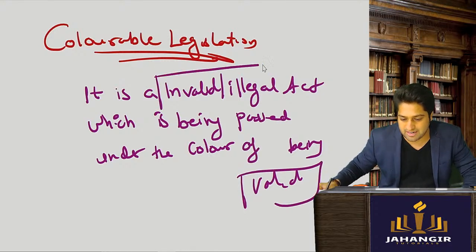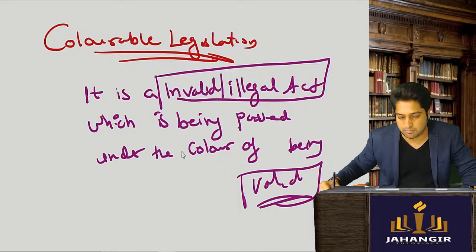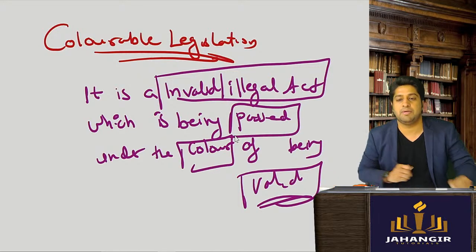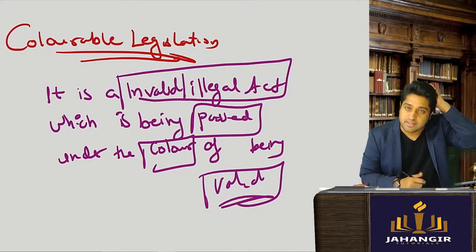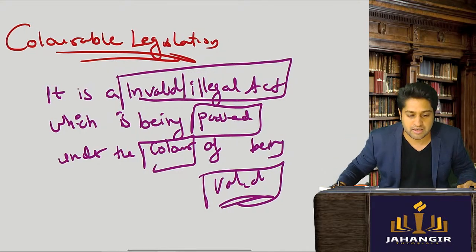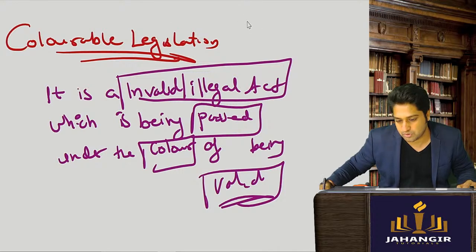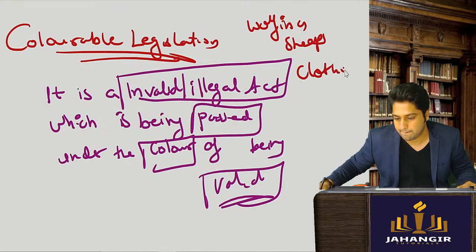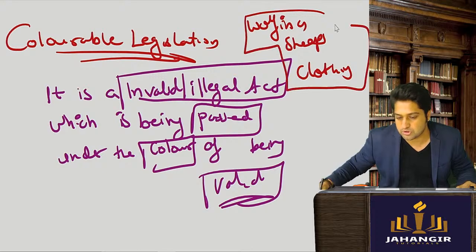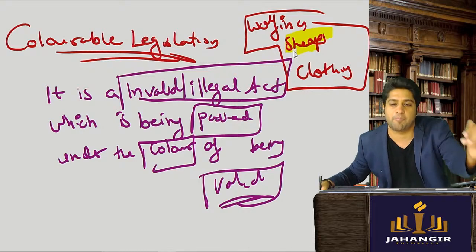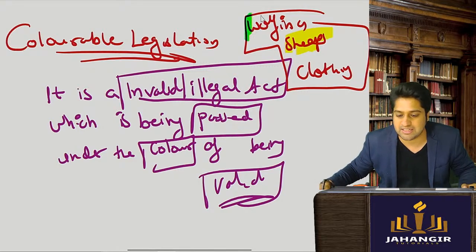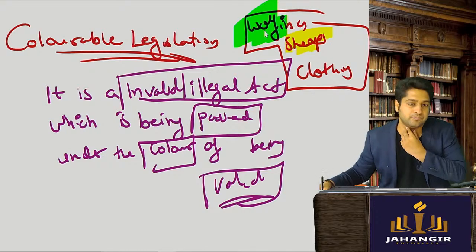So it's actually an invalid law or act, and we are trying to pass it under the color of being valid. Just to give you a graphical image, it is a wolf in sheep's clothing. So what is happening is, we feel that it is a sheep, we feel that it is a valid, proper law, but in reality it is trying to do something illegal.